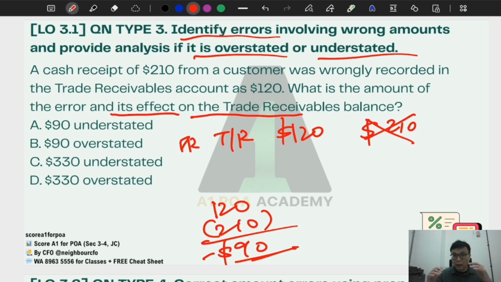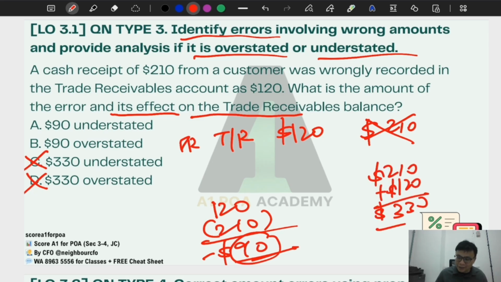So let us break it down into two parts. The first part is the difference in terms of the effect. We know that it's $90. Let us put aside whether it is understated or overstated. We know that C and D will not be the correct answer, because C and D basically add up 210 and 120, and it doesn't make sense to add them up. Therefore, the answer should be between A and B. So let us now take a look.